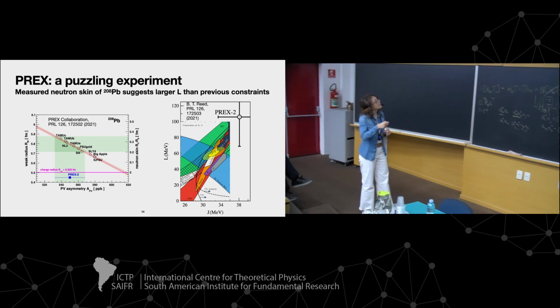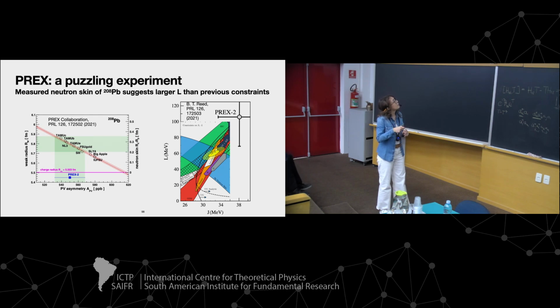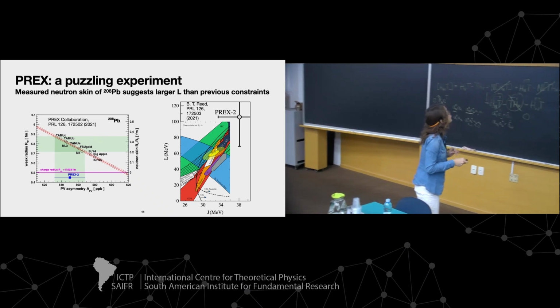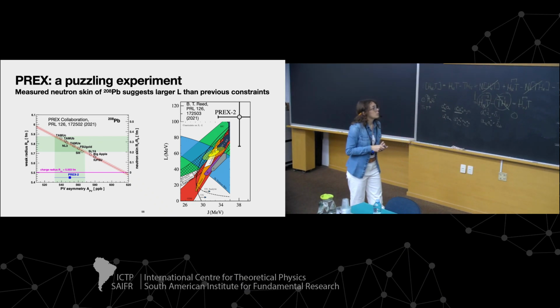So here you see the same figure as before, which relates the parity-violating asymmetry with the neutron skin. And as you can see, this is done via a series of energy density functional predictions for this quantity.